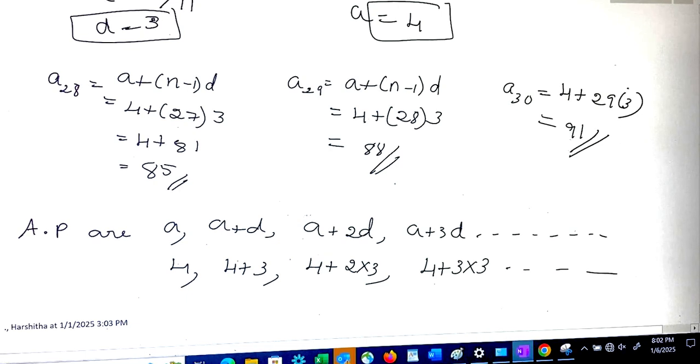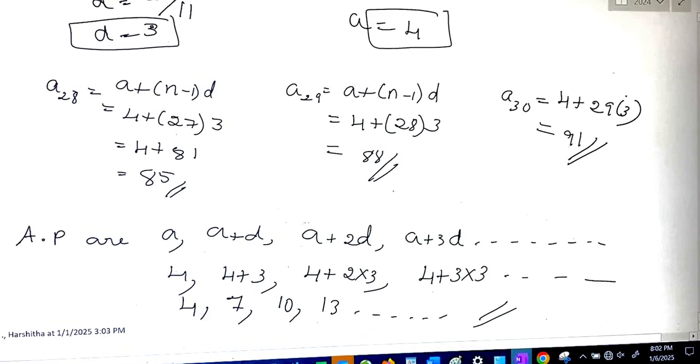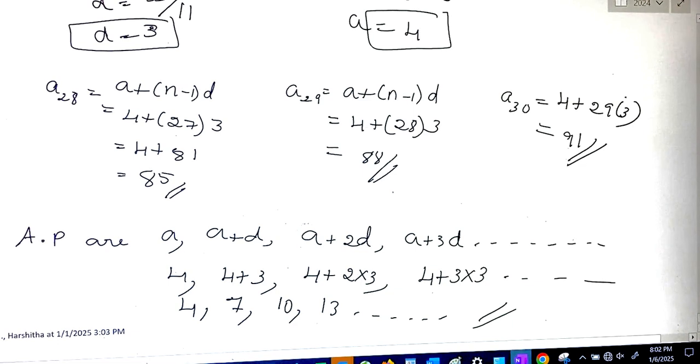So 4 plus 3 is nothing but 7. 4 plus 2 into 3 is 10. 4 plus 3 into 3 is nothing but 13. And it goes on. This is the answer for the last question, that is the 38th question. Okay, thank you.